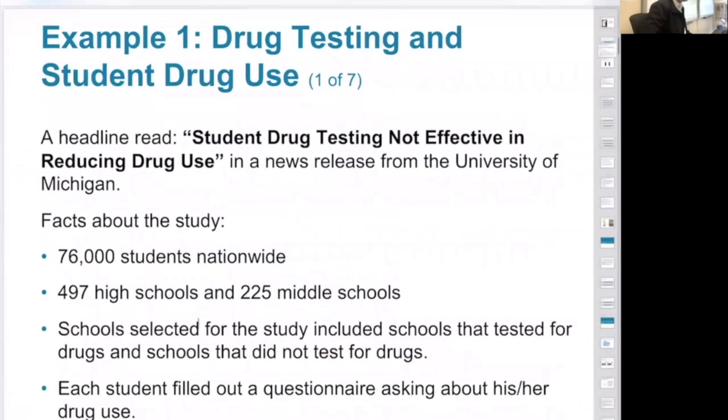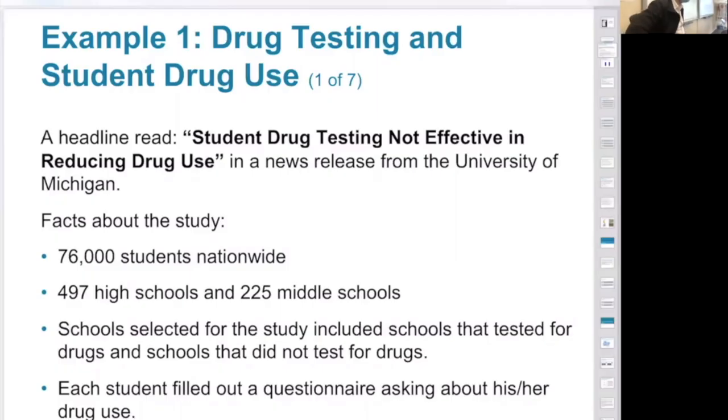We have here an example. You can also read about the example in the book in detail, but here is just the headline. So this study is about what? Student drug testing not effective in reducing drug use. This was in a news release from the University of Michigan.